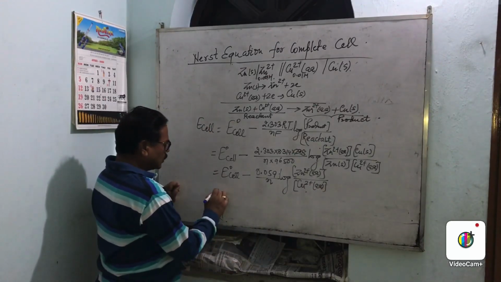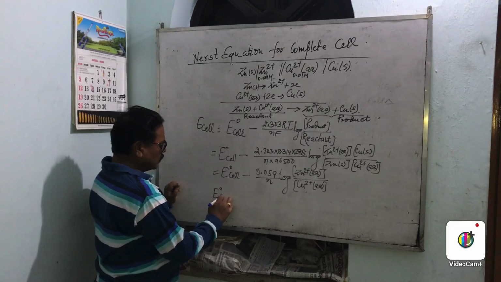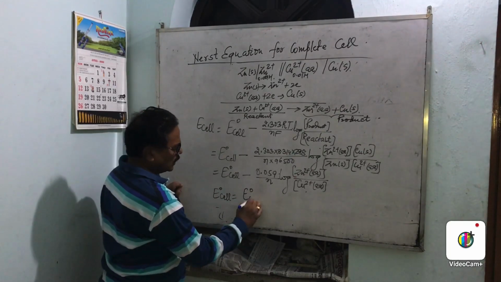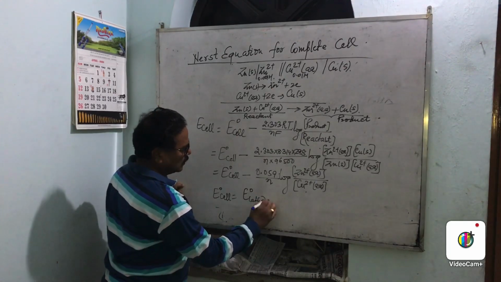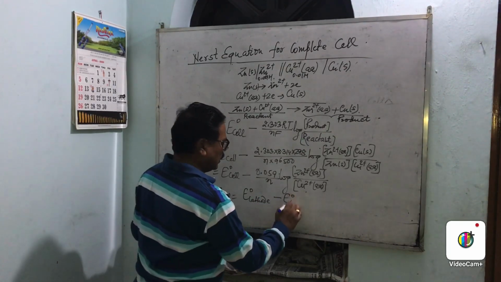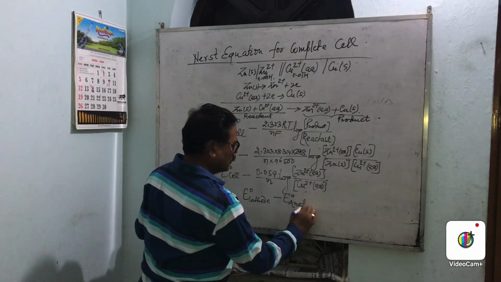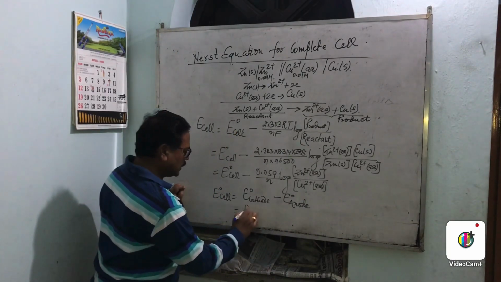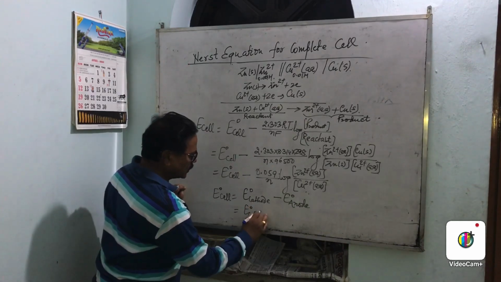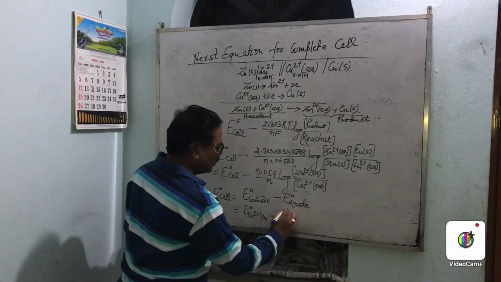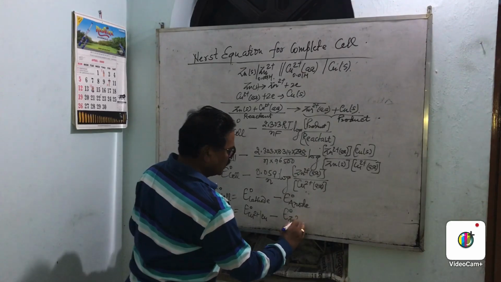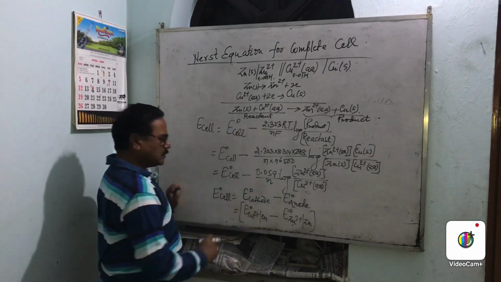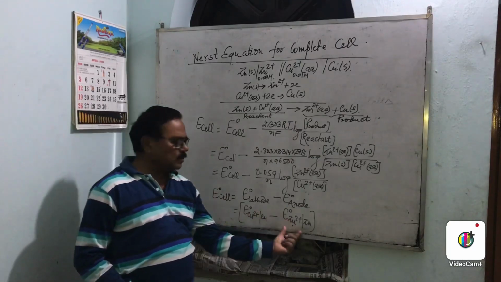So now the question arises, how will we calculate the E cell, that is the EMF of the cell? E0 cathode minus E0 anode. Now what is in the cathode? That is E0 copper 2 plus copper, and what is in the anode? E0 Zn2 plus Zn, because it is the reduction potential form.